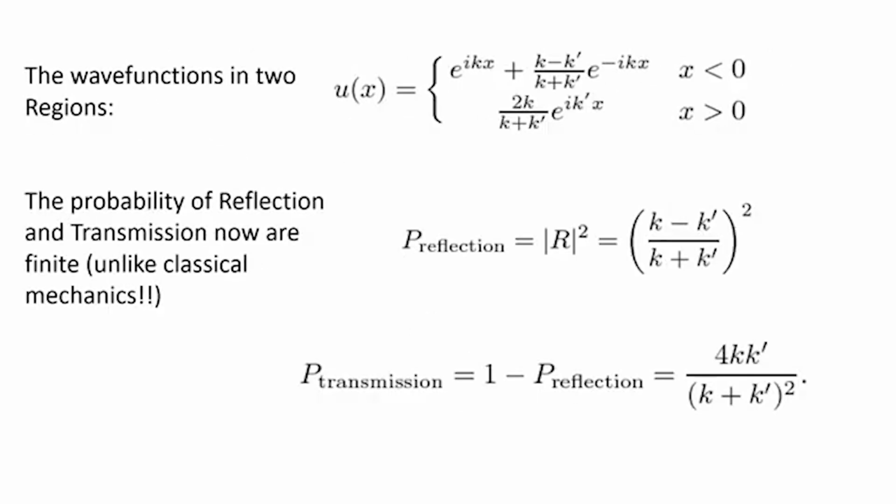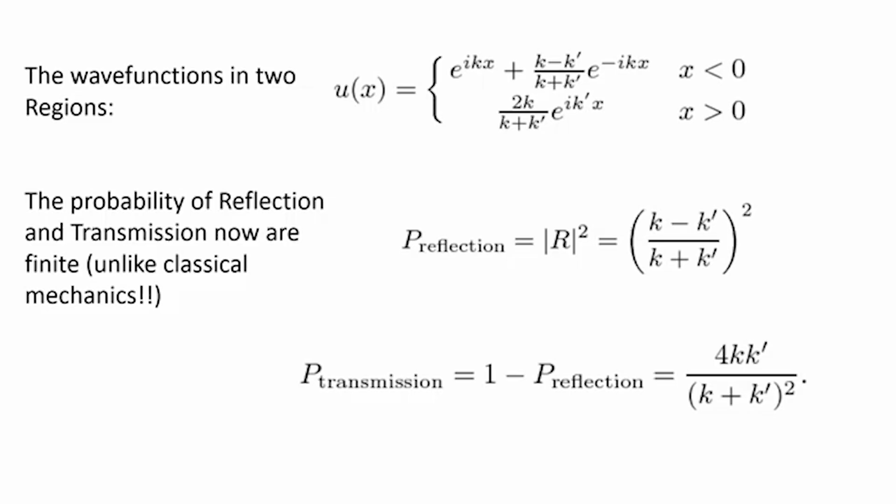So, the wave functions in the two regions, because we have calculated r and t, can be written as exponential i k x plus (k minus k prime) divided by (k plus k prime), which is the amplitude, times exponential minus i k x for x less than 0, and for x greater than 0, it is 2k divided by (k plus k prime), exponential i k prime x.